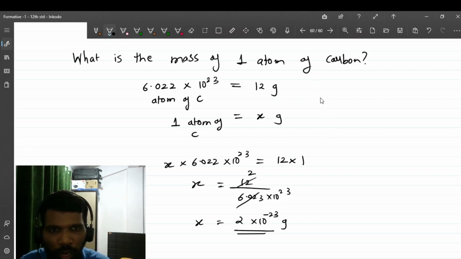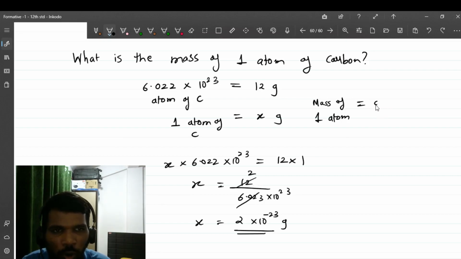So what would be the formula over here? Mass of one atom. If you are sticking to a formula, then what is this 12 I have written over here, which I cancelled later?